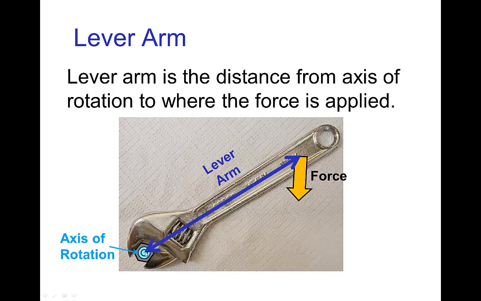Here we have the axis of rotation for this wrench. If it's turning this nut, and the force is applied at this point here on the handle, then that distance between the axis of rotation and where the force is applied is called the lever arm.